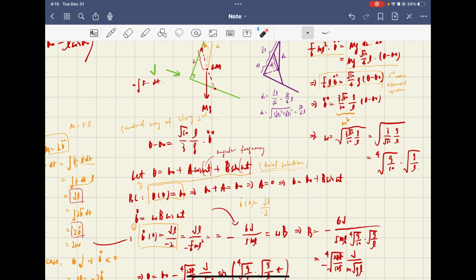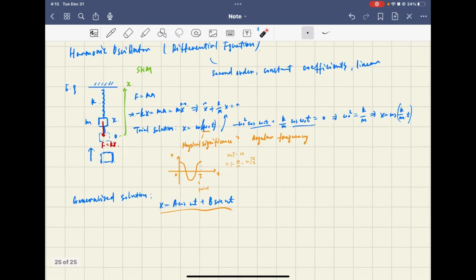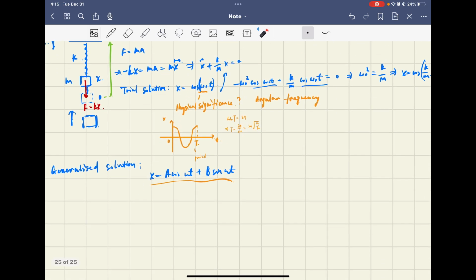We use both cosine and sine functions over here just to ensure that there's no mistake, because sometimes the phase can shift. There can be phase shifts, like probably in some cases the actual solution will take the form cosine of omega 0 times (t minus t0), where t0 is a constant.